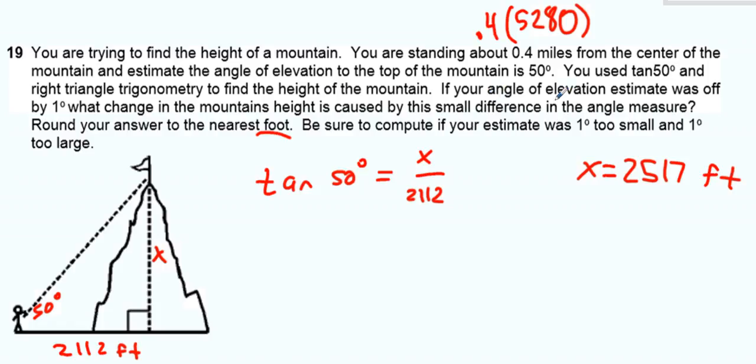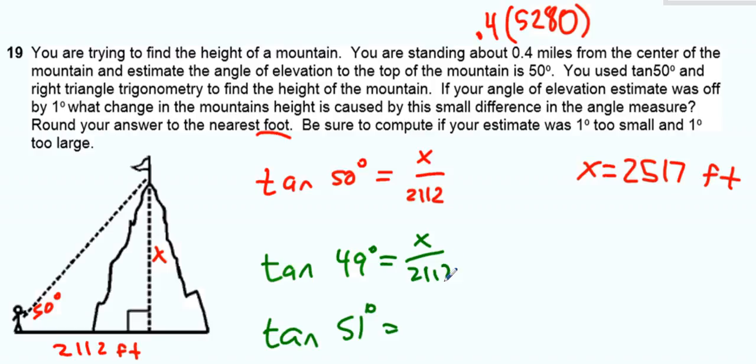Then it goes on and says, since we just estimated the angle of elevation, if your estimate was off by 1 degree, what change in the mountain's height is caused by the small difference in angle measure? So off by 1 degree means it could be 49 degrees, or 1 degree higher than that would be 51 degrees.